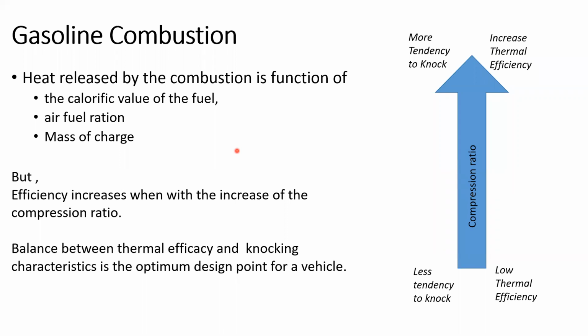For example, gasoline or petrol engines are known as SI engines, spark ignition engines, and the diesel engines are known as CI engines, compression ignition engines. The heat released by the combustion process depends on the calorific value of the fuel, the mass fuel ratio, and the mass of charge: how much air-fuel mixture is in there, the ratio between air and fuel, and the calorific value of the fuel. If all of these are high, you get more power.